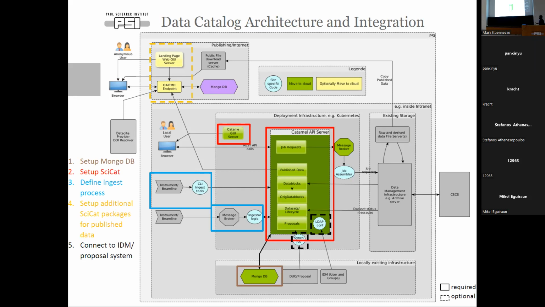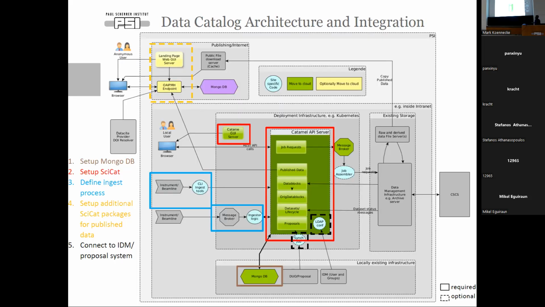So this list over here basically gives an overview of what you would have to do if you were to take SciCat in your environment. Whatever is not dashed is something that is required for it to work, and whatever is dashed are additional functionalities that the SciCat stack provides, but let's say they are not fundamental to the working of SciCat.